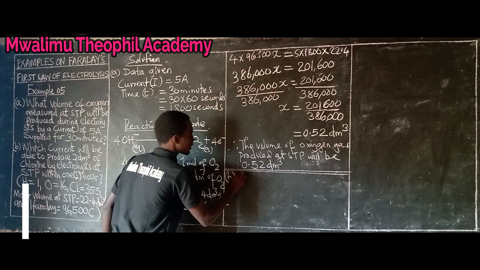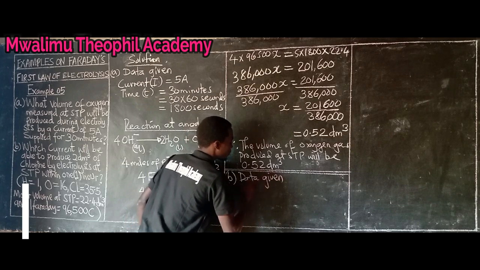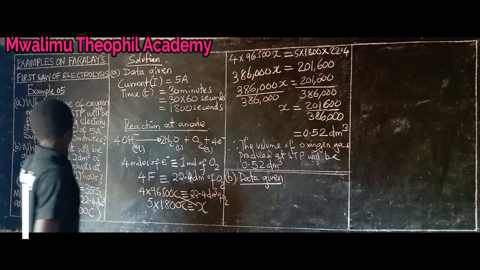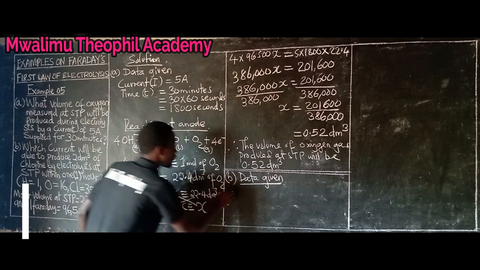Now, after the solution for part A, let us see the solution for part B. Let us analyze the data given for part B. As you see, we have the volume of chlorine produced.